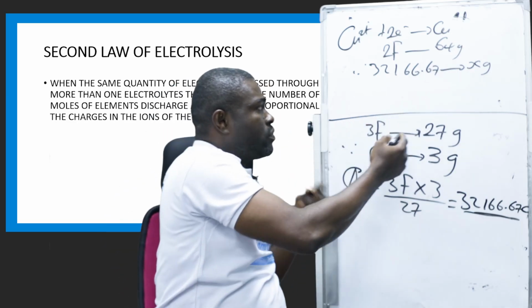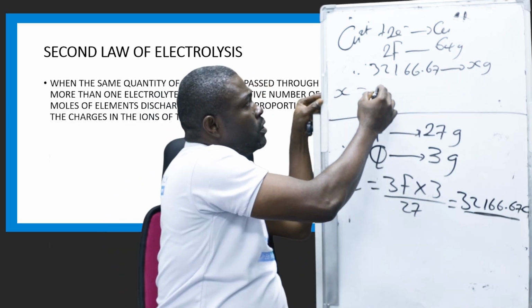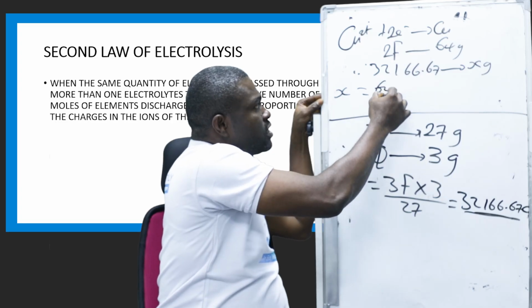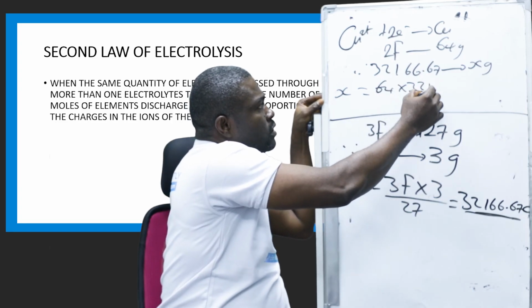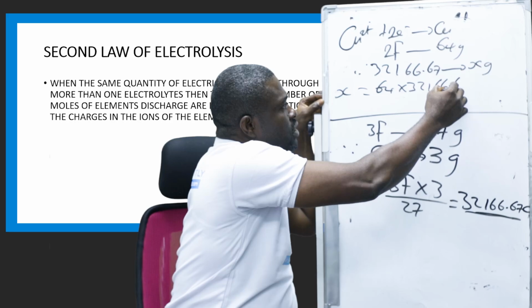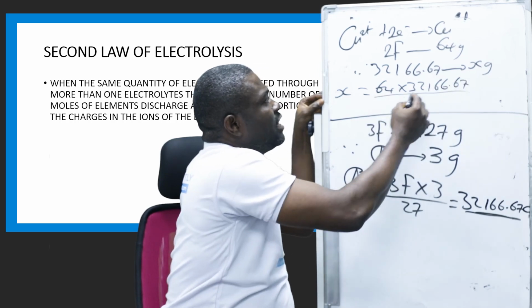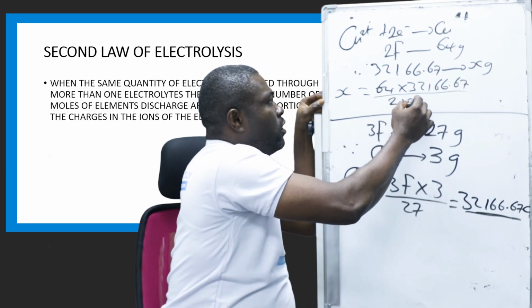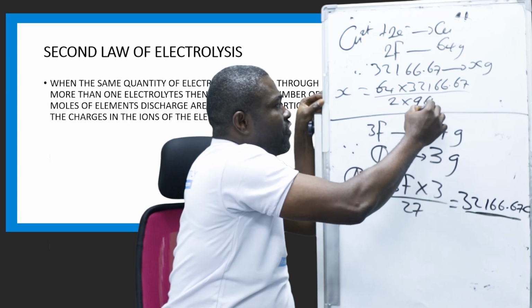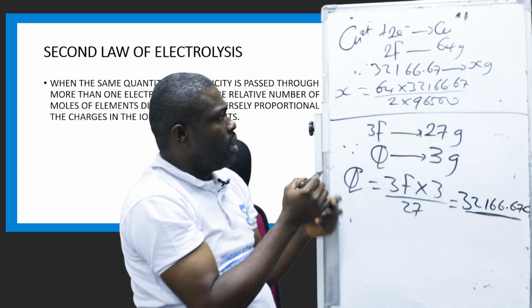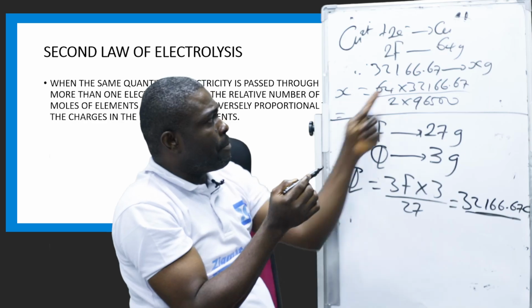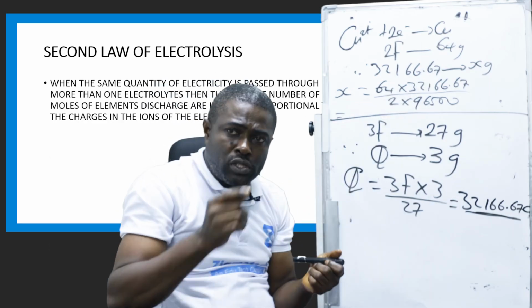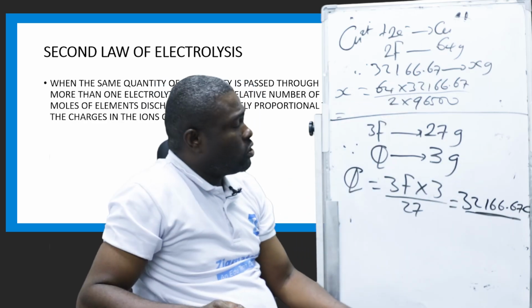So make X subject of the formula. X becomes this. 64 times 32166.67 all divided by what? 2 times what? Faraday. What is Faraday? 96500. And your answer becomes the mass of copper deposited at the second electrode.